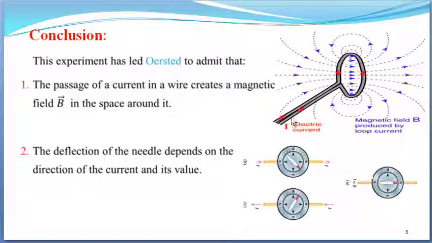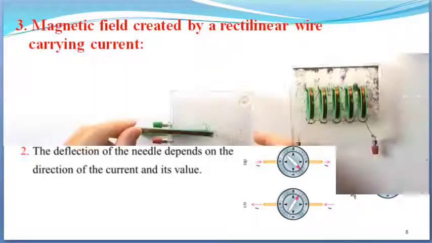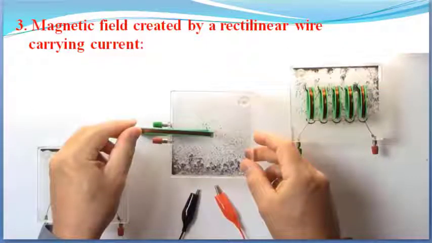The passage of a current in a wire creates a magnetic field B vector in the space around it. 2. The deflection of the needle depends on the direction of the current and its value. Look to this figure.